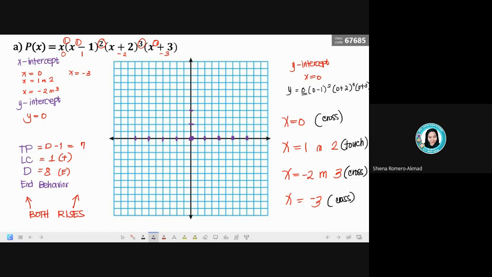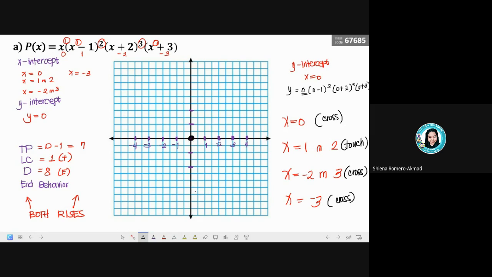Hindi naman natin kailangan ng y. Naglagay lang. This is 1, 2, 3, 4, negative 1, -2, -3, -4. So, let us have 0. So, ayan na. Meron na tayong point dyan.